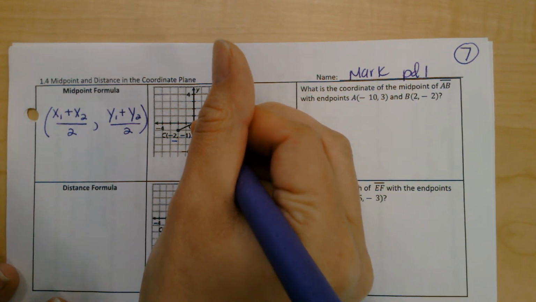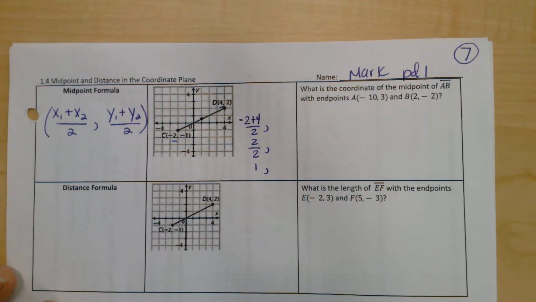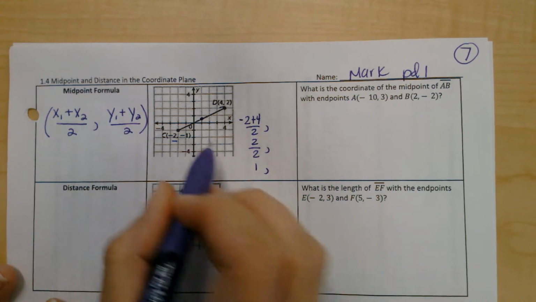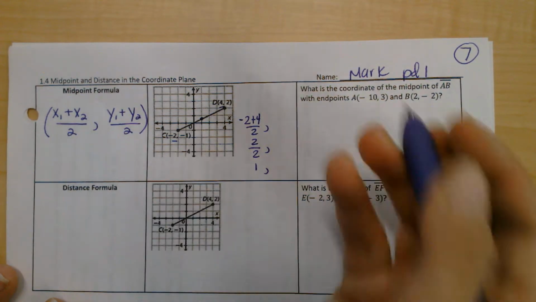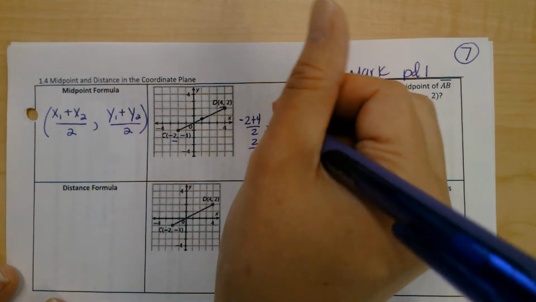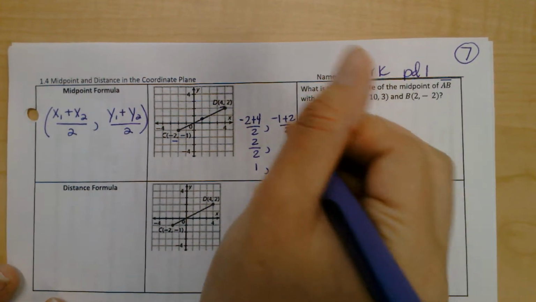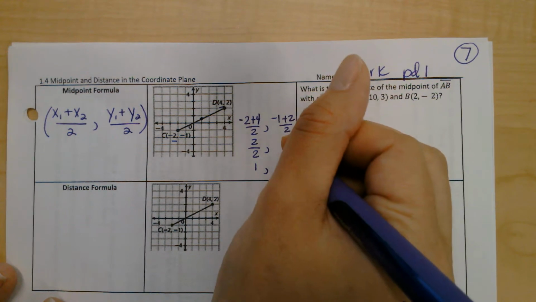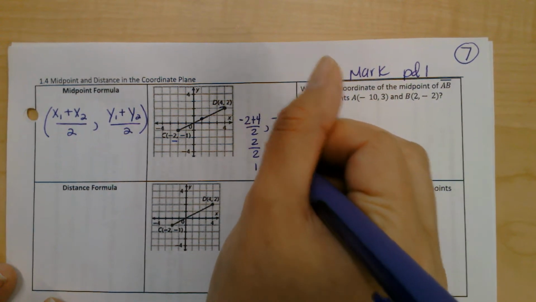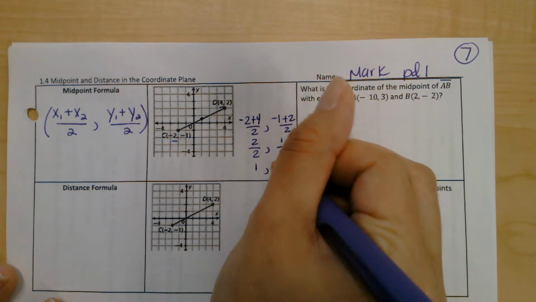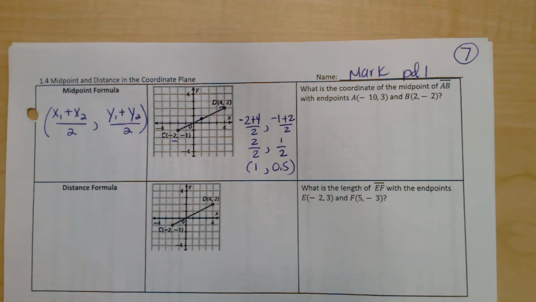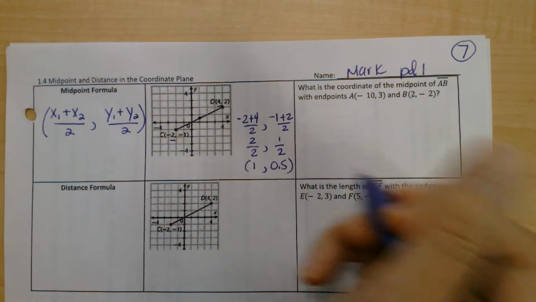It looks like it's going to be right there. And then you got 1/2. That does look about right. So add the y's, -1 plus 2. And -1 plus 2 is 1. So you can either write it as a fraction or as a decimal. Sometimes decimals are easier to visualize graphically. So that is our midpoint.